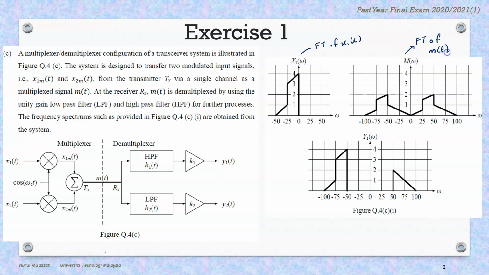M(t) here is the multiplex signal, and X1 here is the input signal. Please be noted that this X1(omega) is the Fourier transform for X1(t), not X1M(t). This is the original input signal, and this is the multiplex signal. And Y1(omega) here is the Fourier transform of Y1(t). So from this information, we need to answer a few questions.